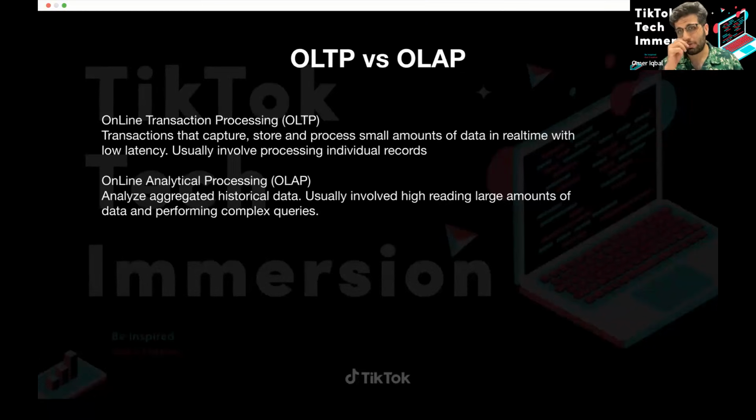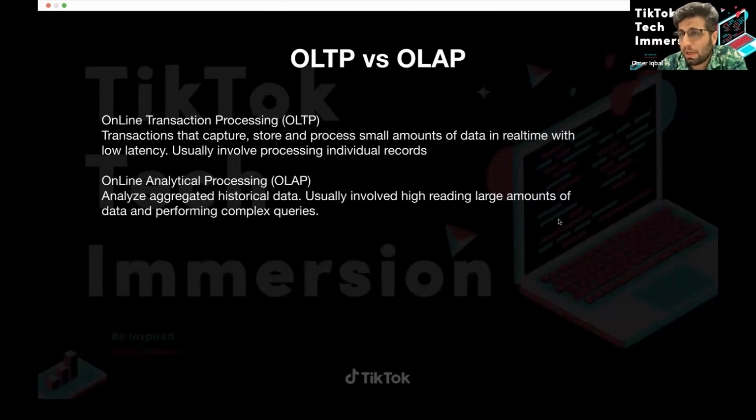So what do these two terms mean? OLTP means online transaction processing. What that means is OLTP transactions are transactions that will capture, store and process small amounts of data, but lots of them. So normally you'll be doing processing of individual records.